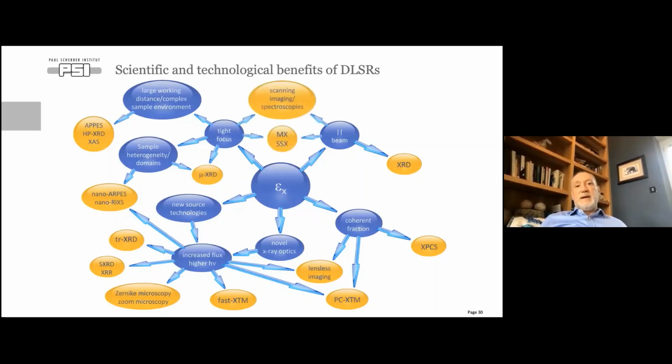And then finally, the tight focus and parallel beam, if you want both. These are very important for scanning imaging spectroscopies and for protein crystallography, and a variant of that, which I will briefly mention later, serial synchrotron crystallography.